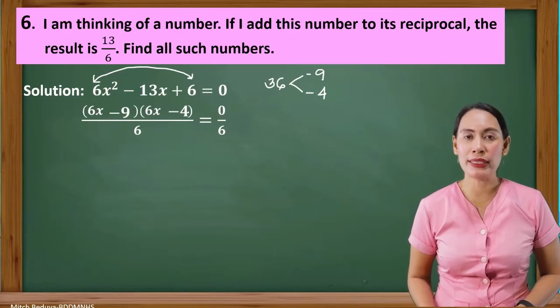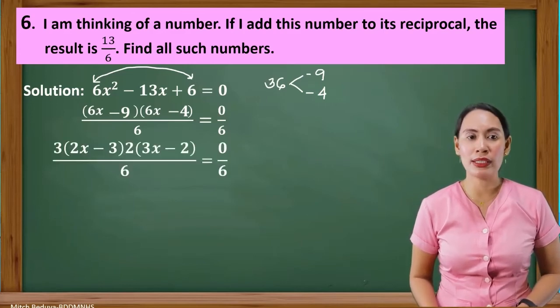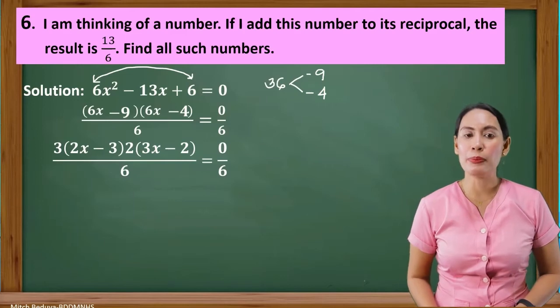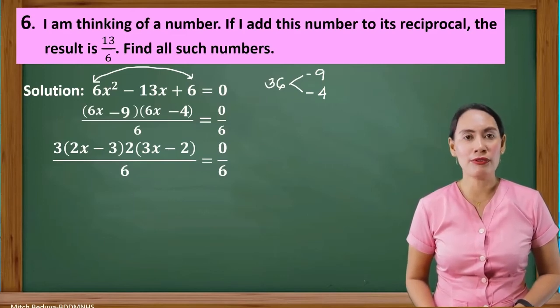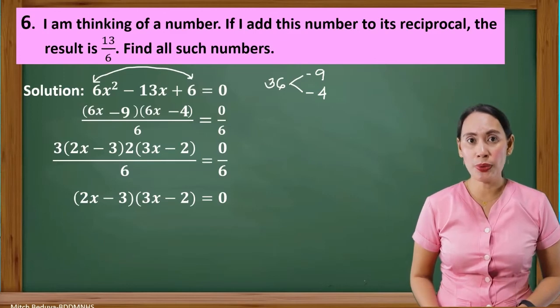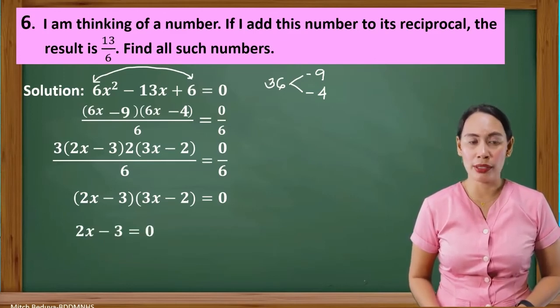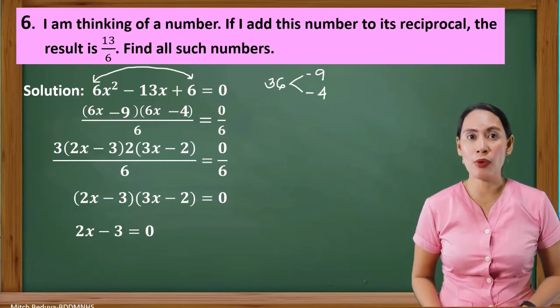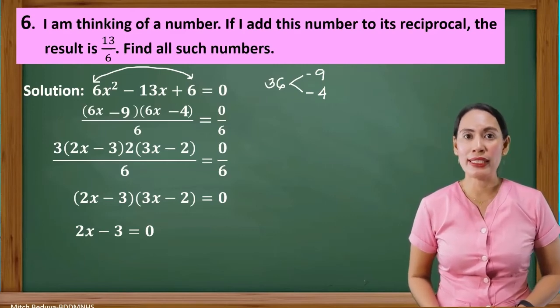So, the numerator is now 3 times the quantity 2x minus 3 times 2 times the quantity 3x minus 2, over 6 equals 0. So, 3 times 2 is equal to 6, and 6 divided by 6 is equal to 1. So, the equation now becomes the quantity 2x minus 3 times the quantity 3x minus 2 equals 0.